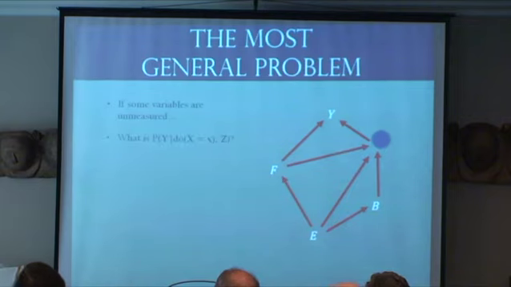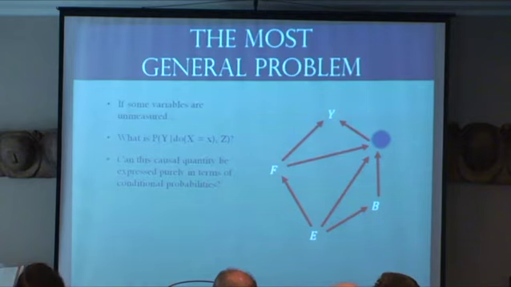And the most general form of the question is, what probability distribution do we get on y, and here we can think of y as generally some set of variables, if we intervene on one set of variables and observe the value of others. So this is the most general form of the problem. And so this is really a causal quantity.